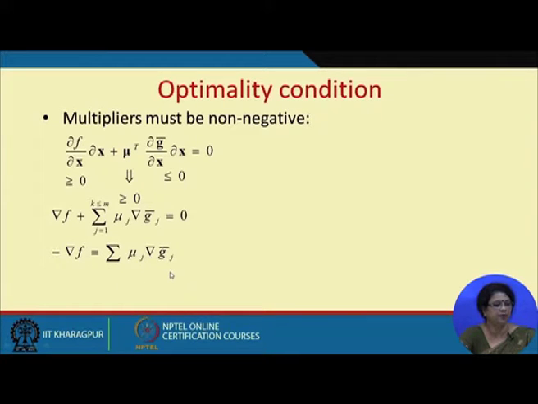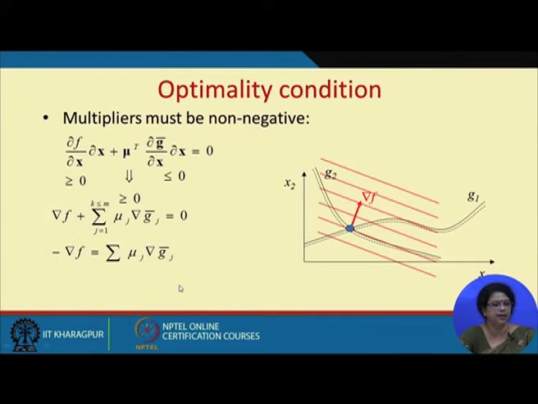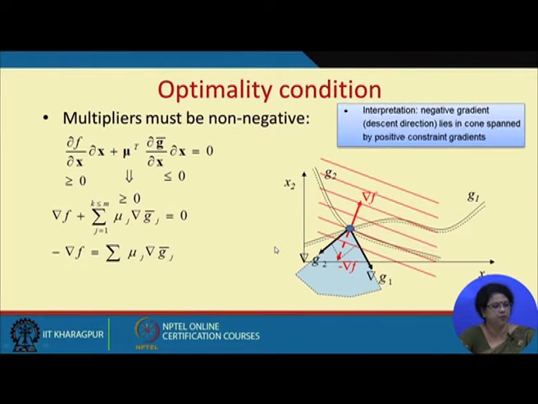In another way we can say this. If we show it graphically, these are the grad of G1, grad of G2, and grad f. From here this is minus grad f, the descent direction of the objective function.